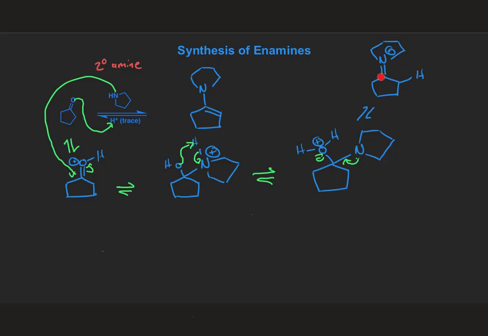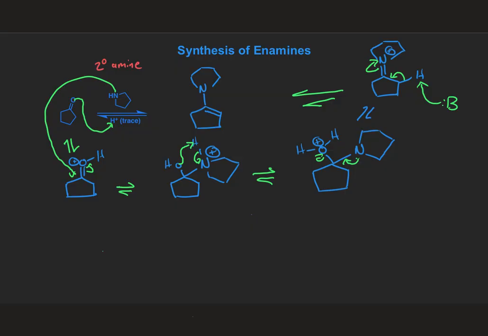So this carbon was the carbonyl carbon, and the carbon right next to it is known as the alpha carbon. And we're going to deprotonate that with some exogenous base. We're just going to use a generic base that's going to come in and grab that proton. That's going to kick these electrons down, which is going to kick that pair of electrons up to produce this enamine as the final product.